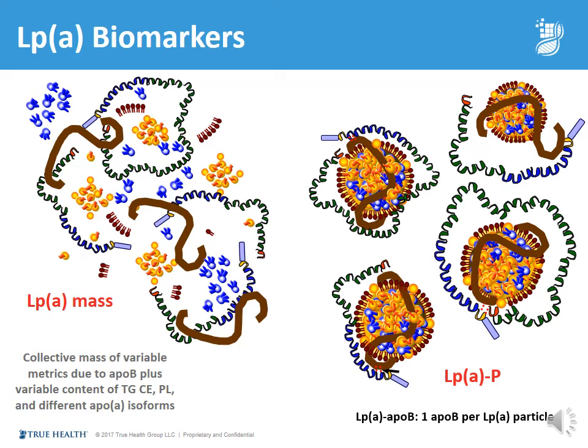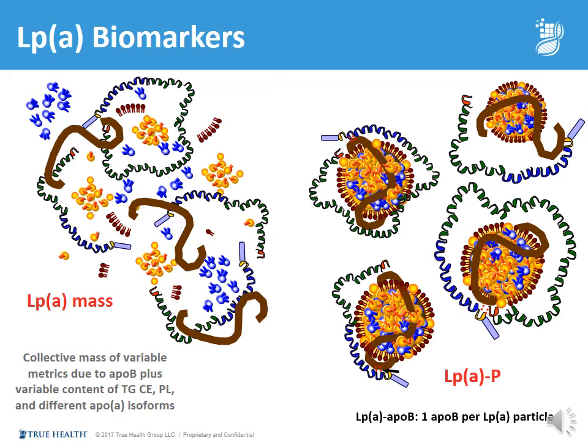So you can see where an LP little a mass metric would have far more variability than an LP little a particle number metric. And we certainly know with respect to LDL particles and HDL particles that the particle number has turned out to be a more valuable metric in regards to cardiovascular risk than does its lipid content.